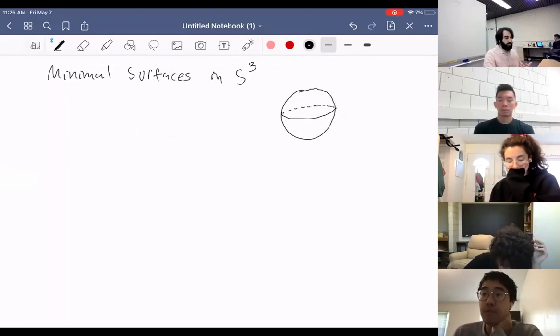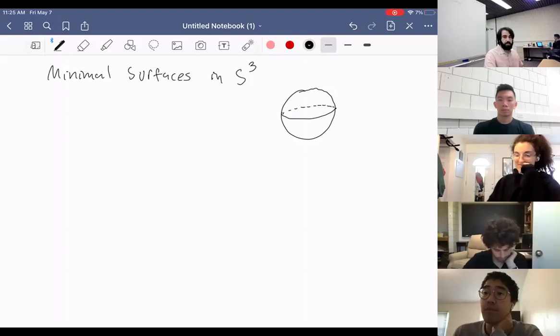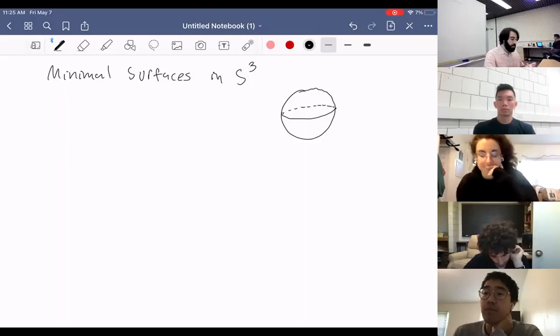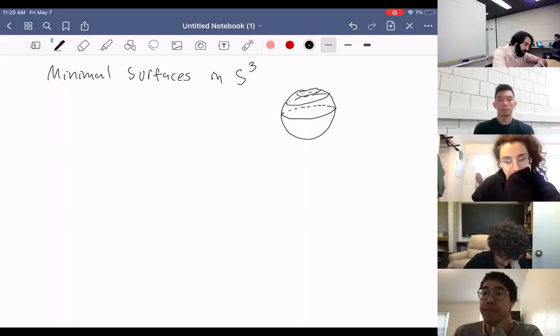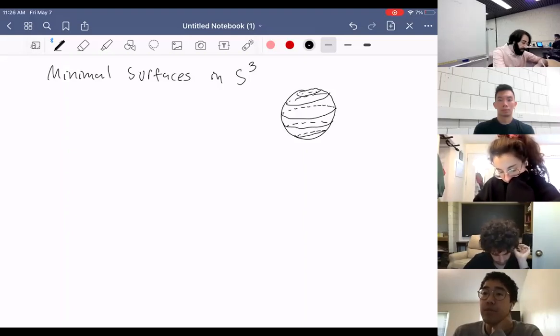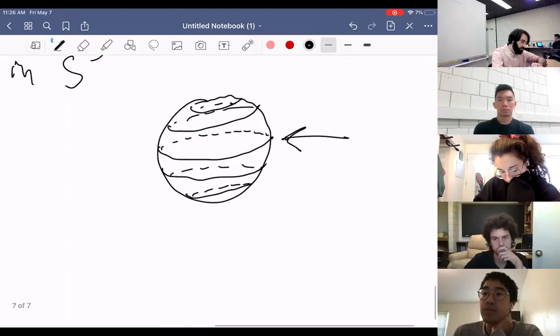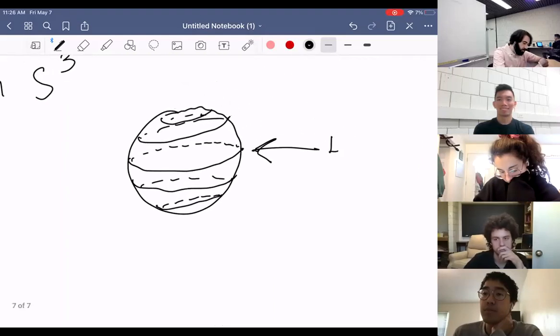But you might think that it's weird to call this minimal since it's not actually energy or area minimizing. I can always just slide the surface closer to one of the poles and get smaller area. But really, this guy in the middle is the largest area surface in this one parameter family.